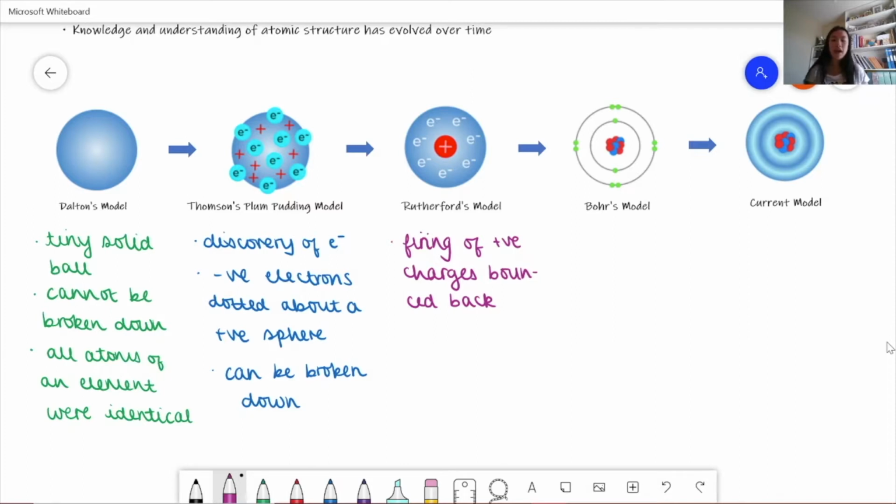And so he made the conclusion that we must have a central positive nucleus where most of the mass is.